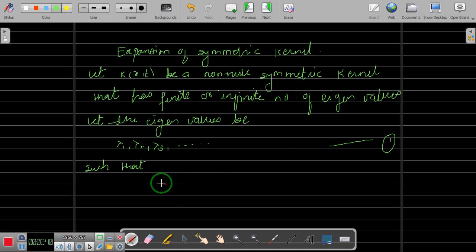Such that each lambda i is repeated as many times as its multiplicity.